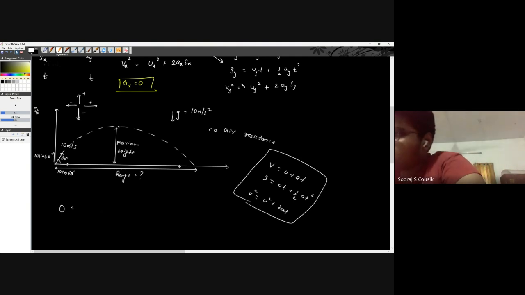So 10 sin 60 into 0.3048 plus half into minus 10 into 0.3048 square.